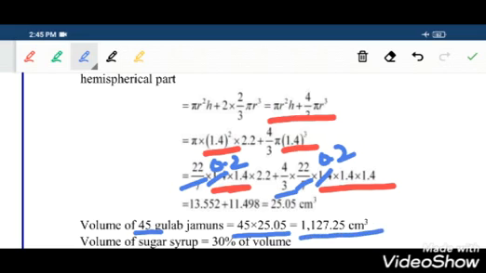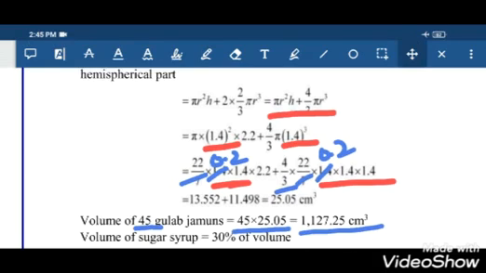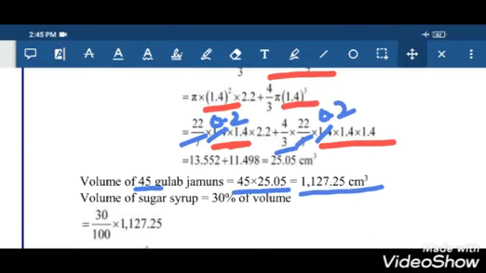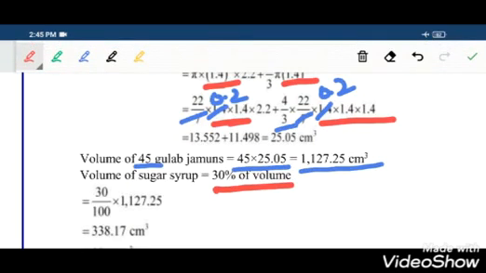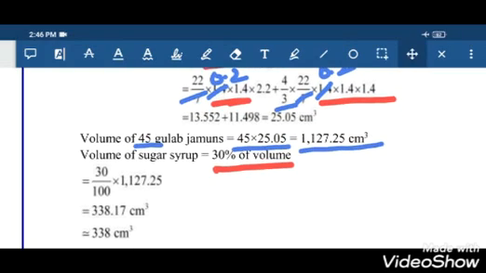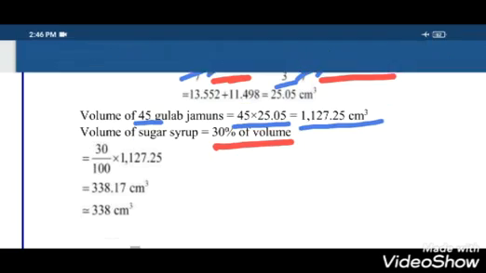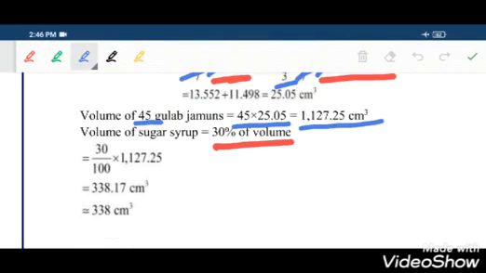30% of this volume is the sugar syrup. So now we find 30% of the volume: 30 by 100 into 1127.25. Multiplying and cancelling, you get 338.17 centimeter cube. Approximately, the value is 338 centimeter cube.